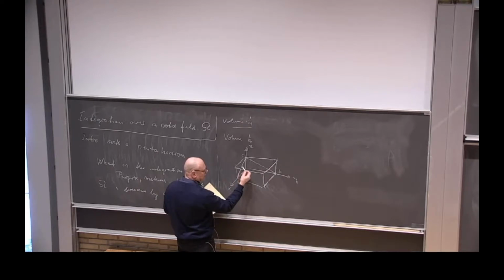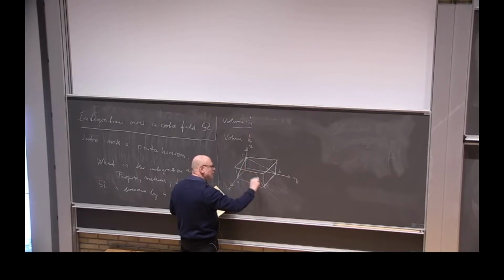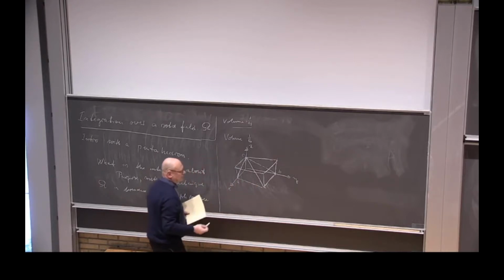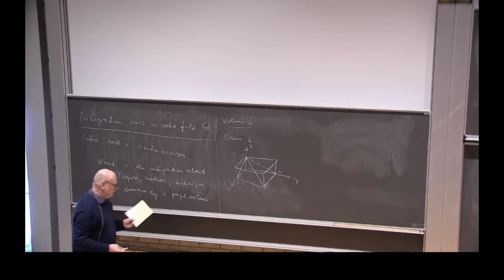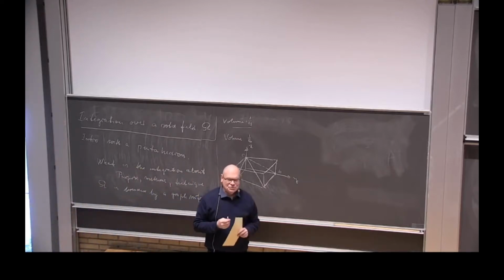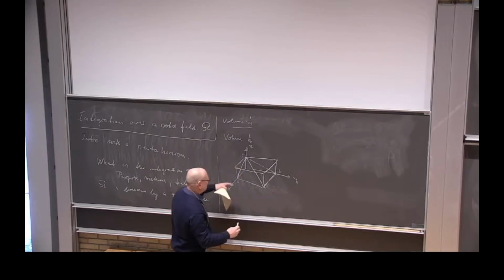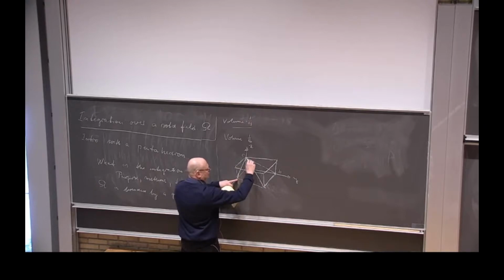In the pentahedron, you have a triangular surface here, a triangular surface here, and then you also have this one here, and then you have a quadrilateral, a rectangle, at the bottom. So what I need to do then is to make a parametric representation for this pentahedron here.